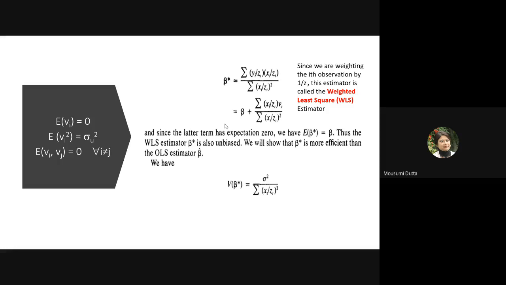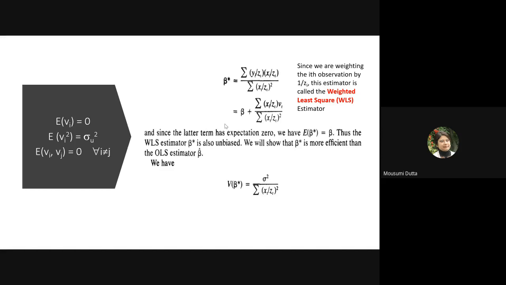Now expectation of vi is equal to 0, so the second term will be equal to 0, and we will get expectation of beta star is equal to beta. So beta star WLS is an unbiased estimator of beta. Thus, the WLS estimator beta star is also unbiased.